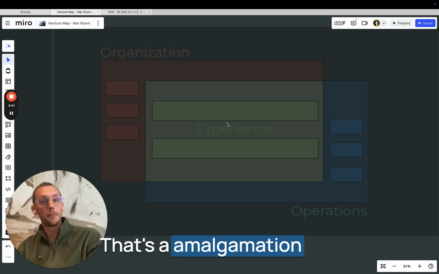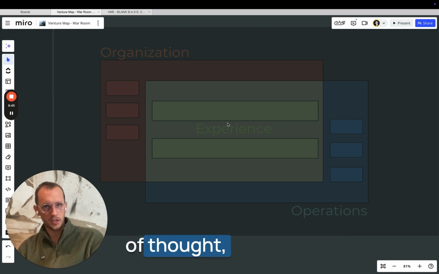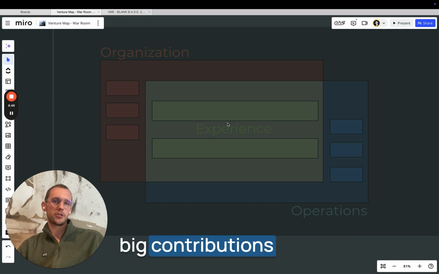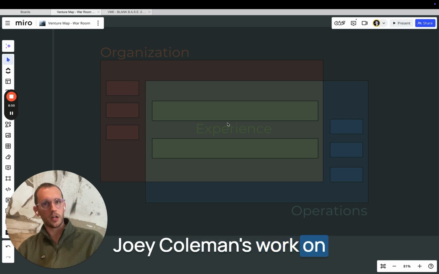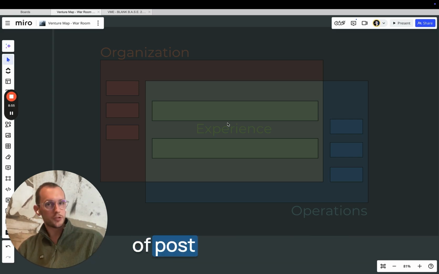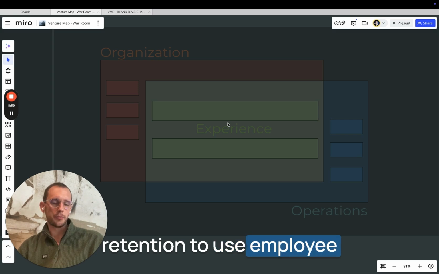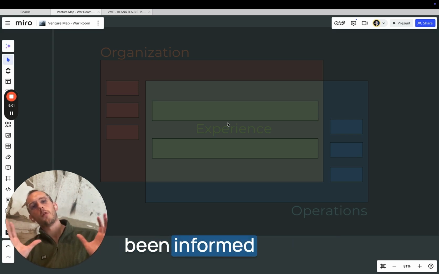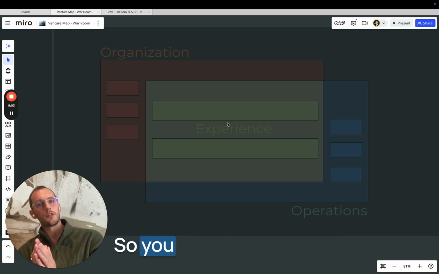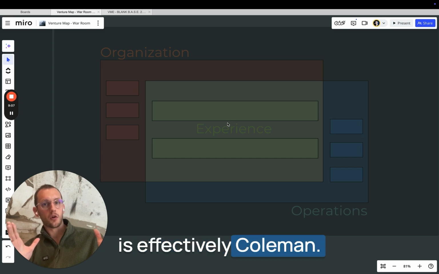That's an amalgamation or a fusion between a number of schools of thought. Primarily big contributions from Joey Coleman's work on Never Lose a Customer and Never Lose an Employee Again. The majority of post-purchase or retention, to use employee experience language, has been informed by the Coleman methodology. So you think everything after commit or conversion is effectively Coleman.